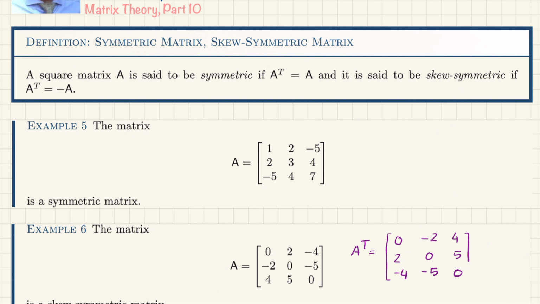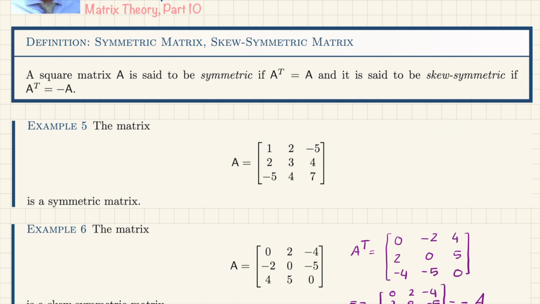Now if I factor a negative sign out, it becomes 0, 2, minus 4, minus 2, 0, minus 5, 4, 5, and 0. Now if I ask you what this matrix is, you immediately confirm that that's A, and I have a negative sign behind that, so that's skew symmetry.